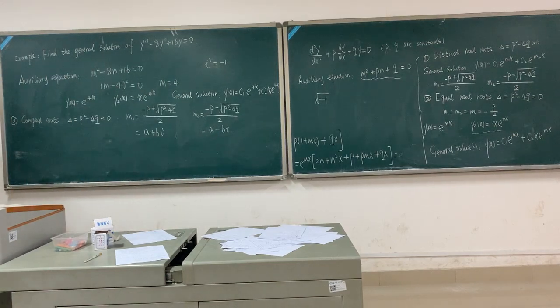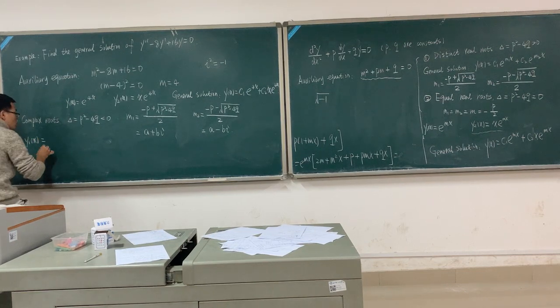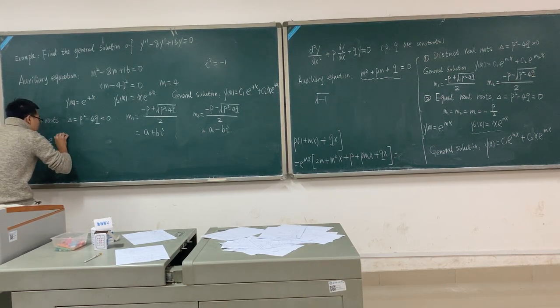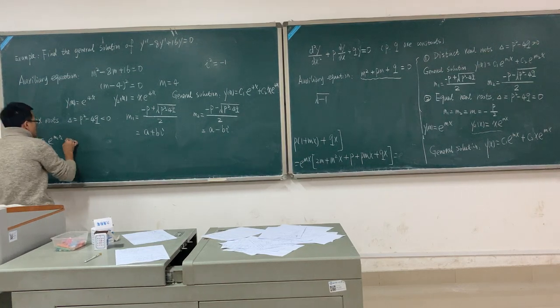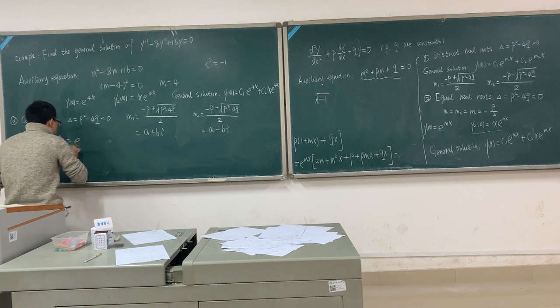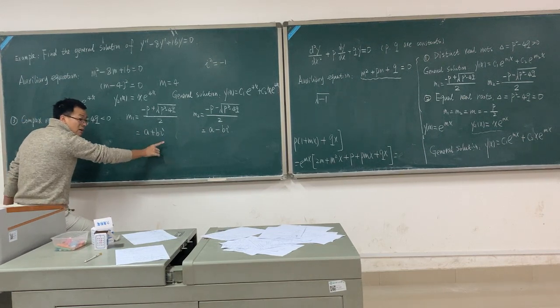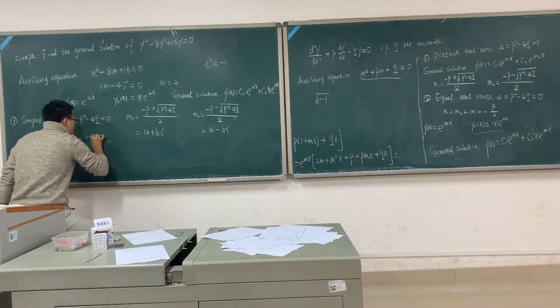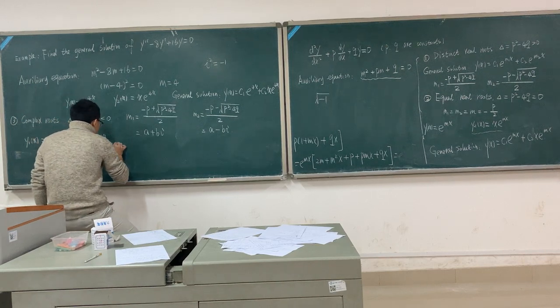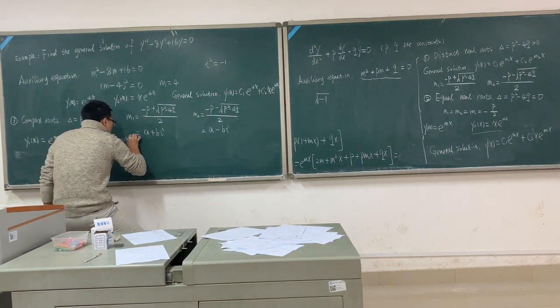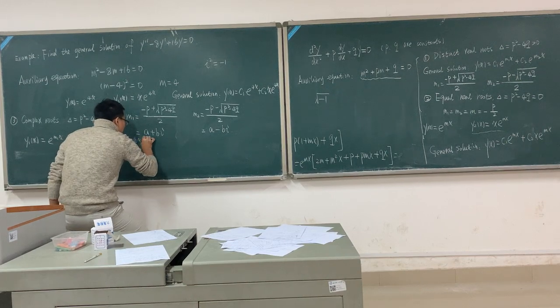So for this case we have y1, which is e to the m1 x. Now we replace m1 by a plus bi, so here it is e to the (a plus bi) x. We can divide it as e to the ax plus bxi.